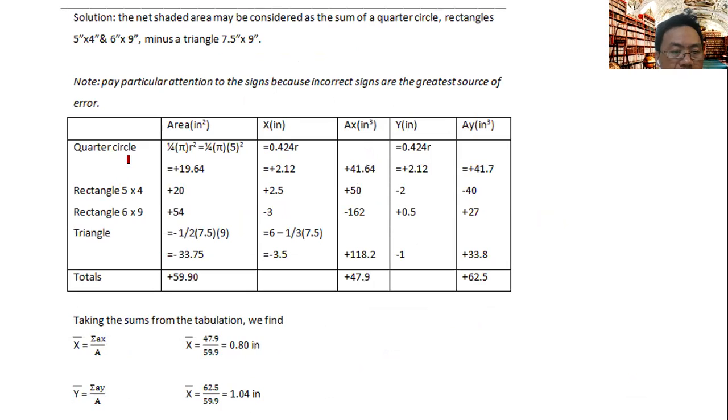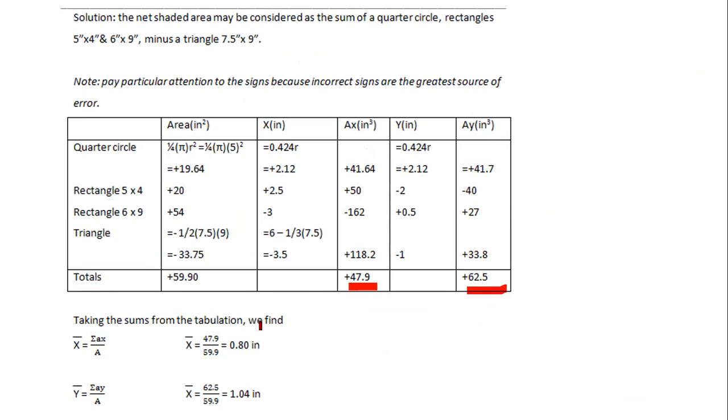So we put it again in the table. This is what we have computed earlier. We just summarize it. So we sum up all the AY, all the AX, and then all the area. We have this formula, which we just discussed earlier.